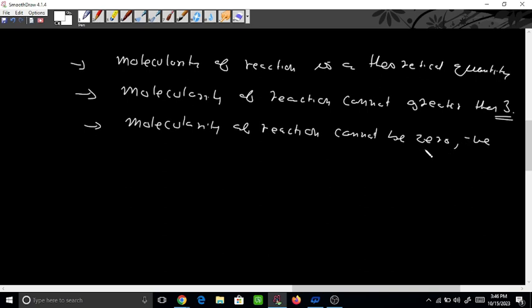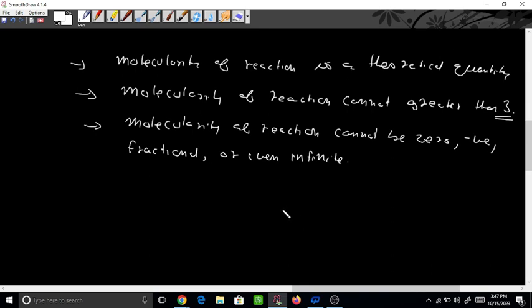It can't be even fractional or infinite. So this is a theoretical quantity. It cannot be greater than 3. It cannot be 0, negative, fractional or infinite. So these 3 points you need to remember.